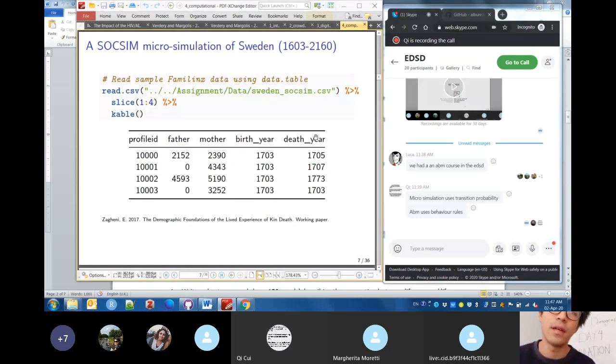I think this is a good example of combining data: say you have register data for Sweden, then you combine it with digital data, which are the online genealogies, and then you combine it with computational data, which is the model, the microsimulation. And you can observe similar things with these three data sources.